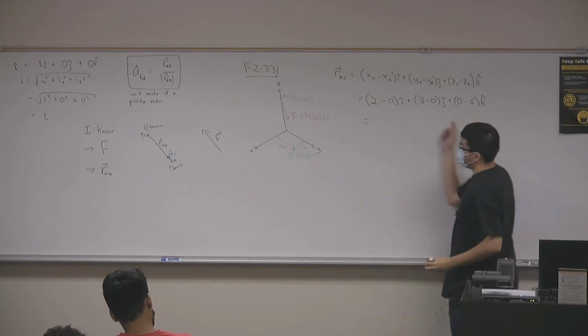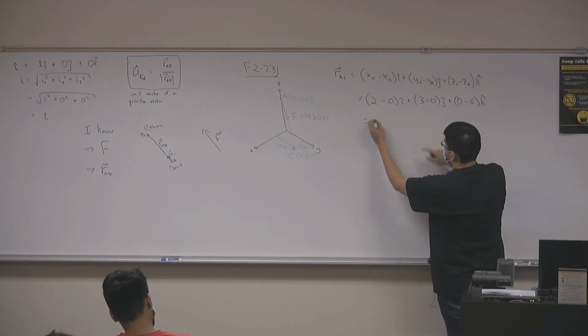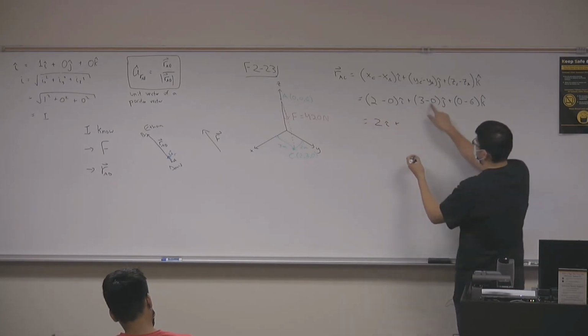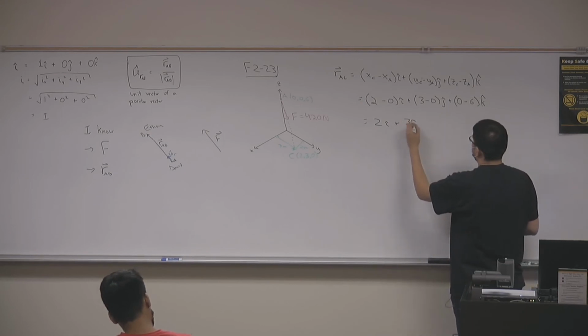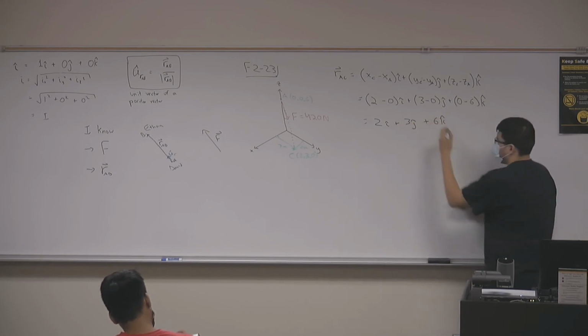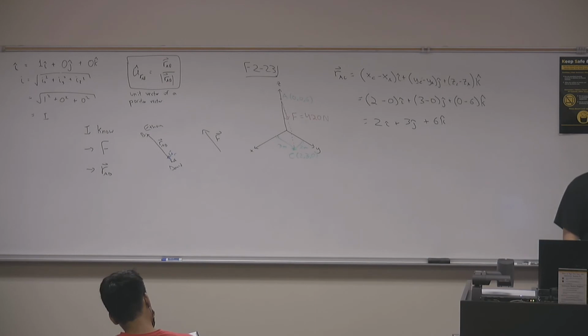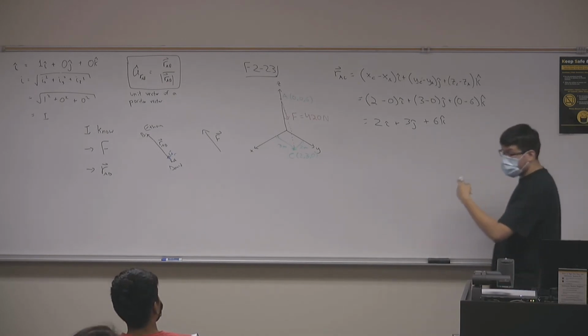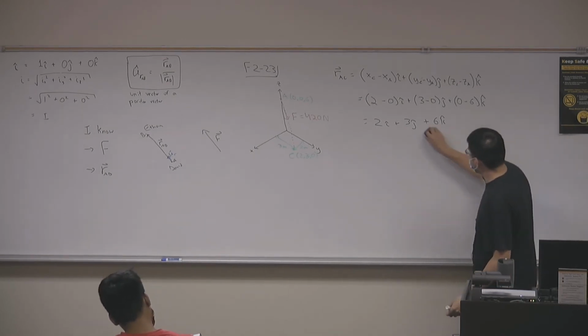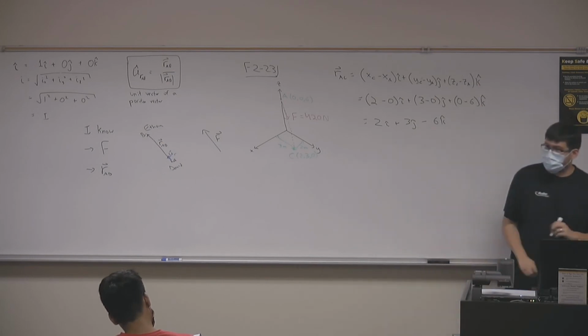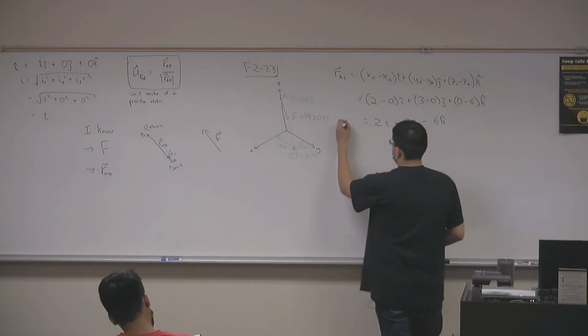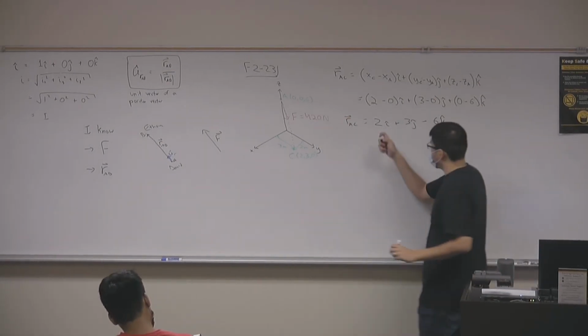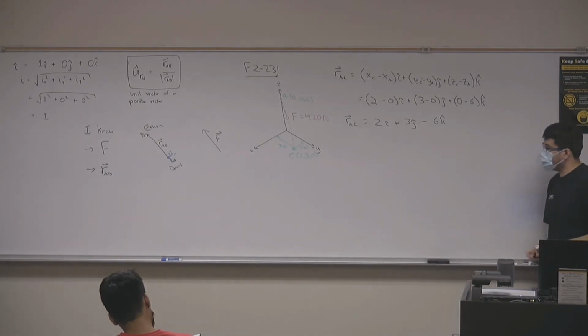So what is my position vector? We got 2. We got 3 minus 0, 3. And then we got 6. Is this right? Negative 6. What's wrong? Negative 6. Exactly. 0 minus 6 is negative 6. So I have my position vector from A to C, which is 2i, 3j, negative 6k.